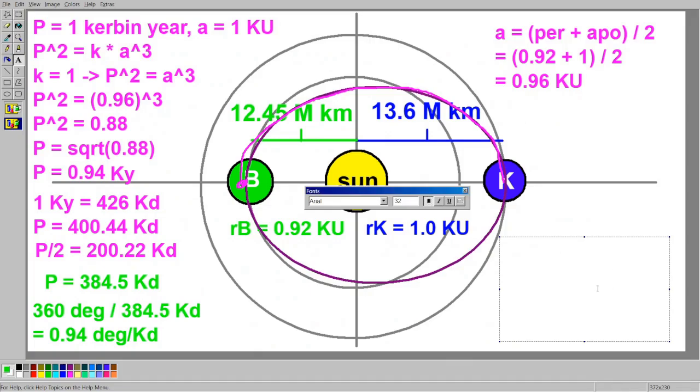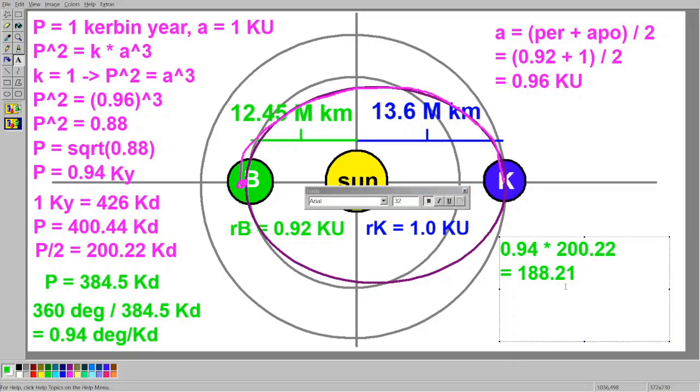So let's do 0.94 times 200.22, and we get 188.2068. So let's round it to 188.21. Wait, no, that's degrees, right?